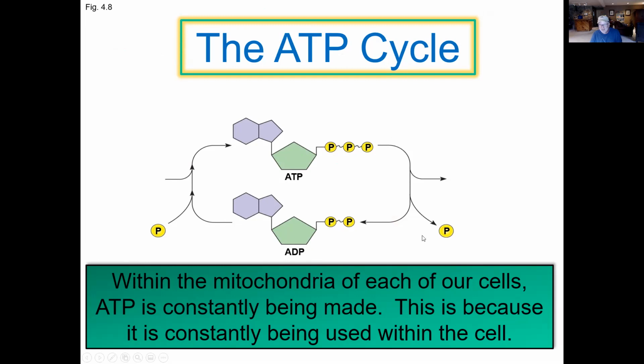We're going to pull a phosphate group off. That phosphate group is going to help in cellular work, which we'll talk about a little bit later. But we're going to make ADP, and then we have to resynthesize the ATP by adding more phosphate. So we're either pulling phosphate groups off, or we're adding more phosphate groups on as we recycle this ATP molecule.